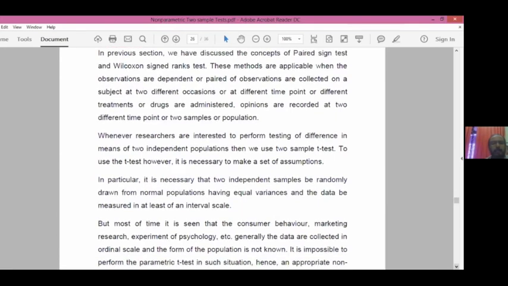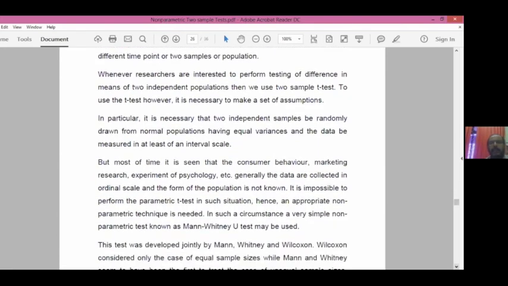But most of the time, in customer behavior, marketing research, and psychology experiments, the data are collected on an ordinal scale and the form of the population is not known. It is impossible to perform the parametric t-test in such a situation. Hence an appropriate non-parametric technique is needed. In such circumstances, a very simple non-parametric test known as the Mann-Whitney U test may be used.